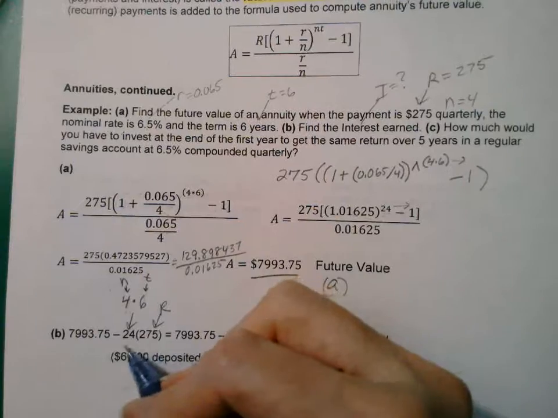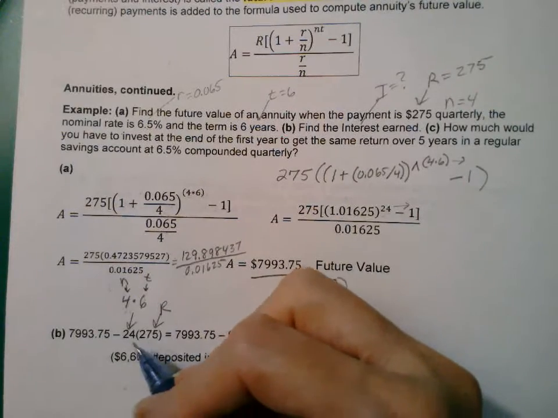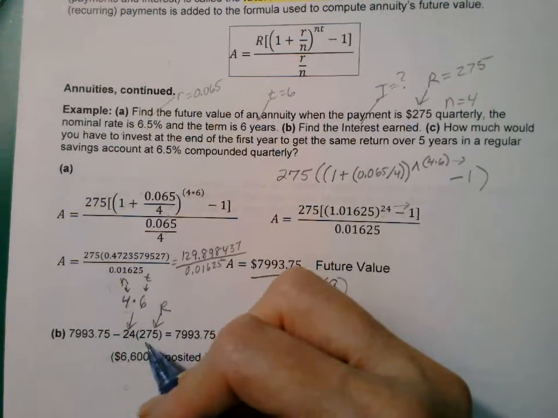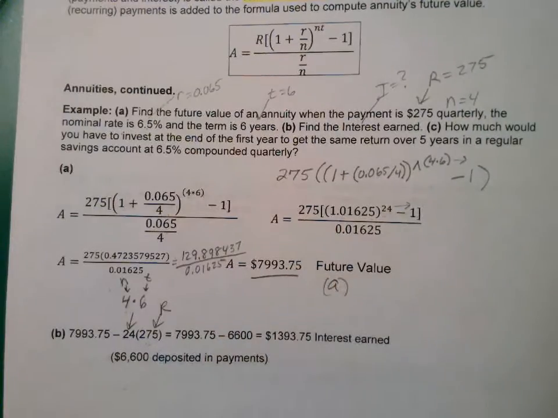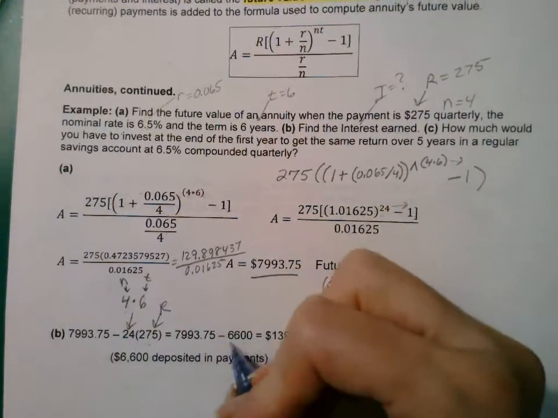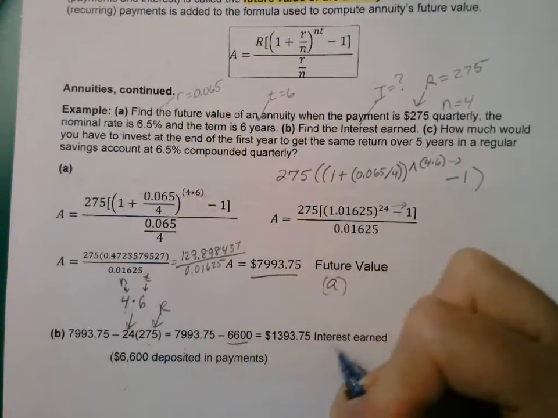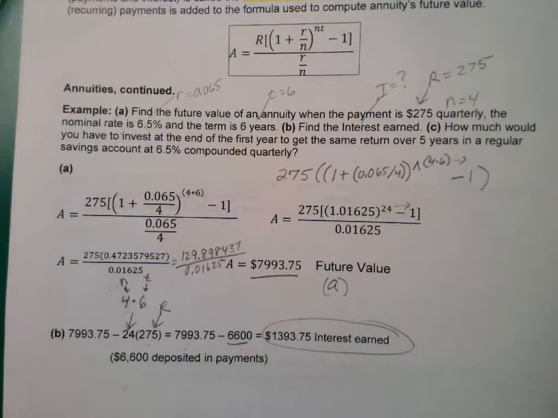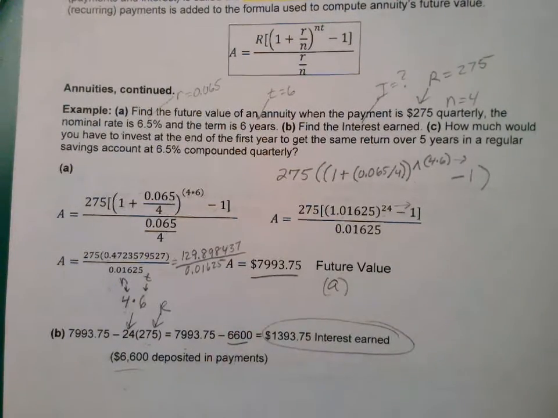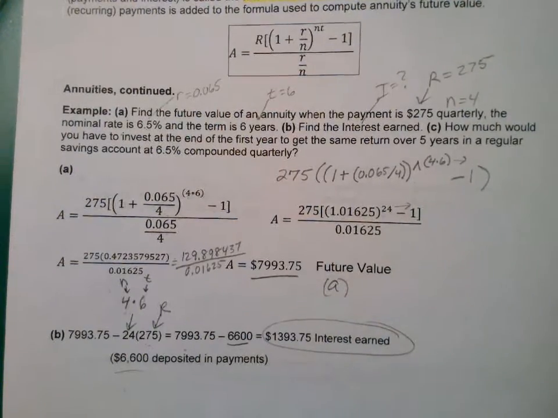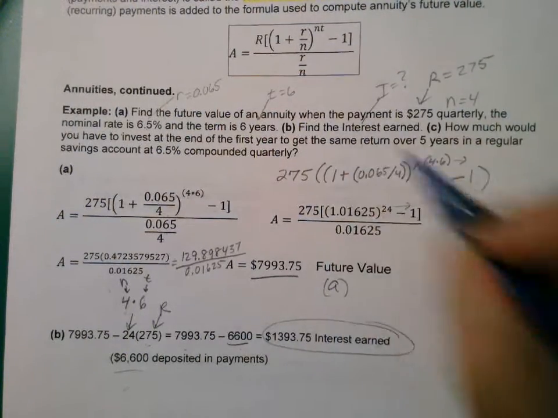Okay. Times the number of payments. 4 per year for 6 years. Times, we put in $275. So that's going to be this number. Subtract it, you're going to get this in interest. Okay. This is how much you deposited in payments that you made. And this is how much interest you earned. So that is B.